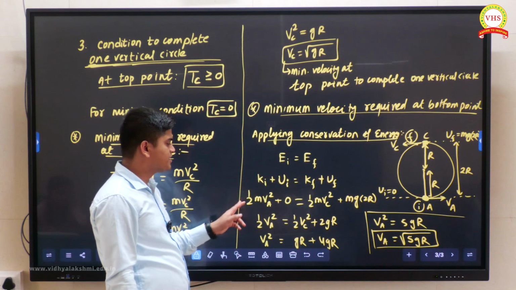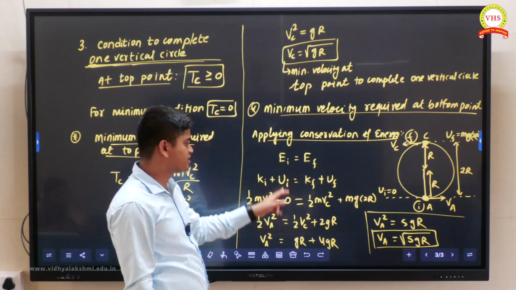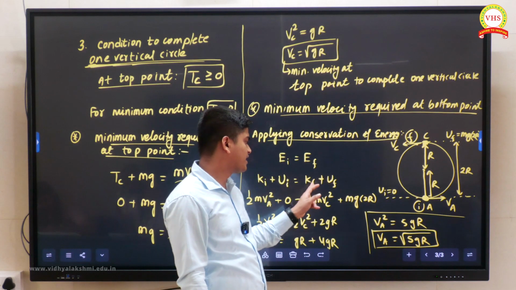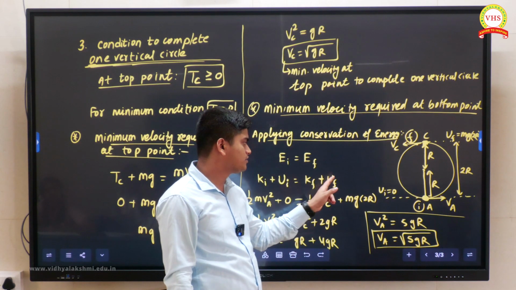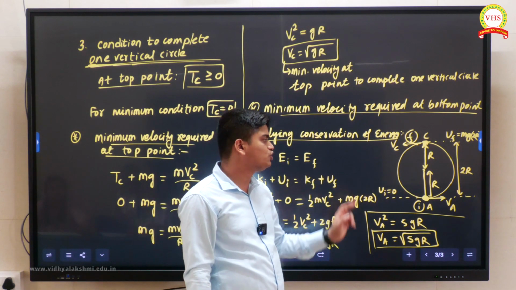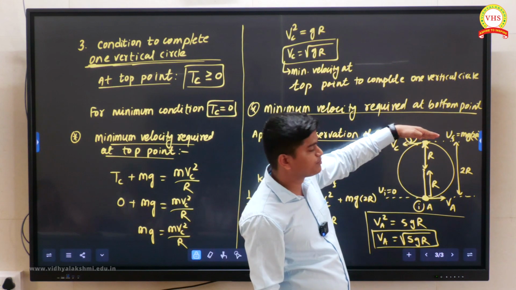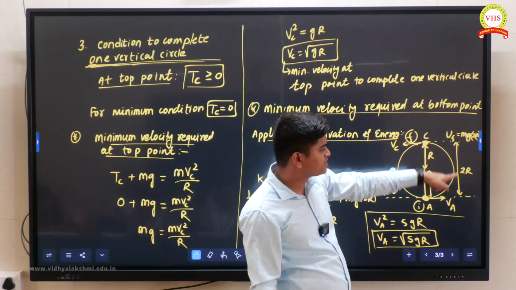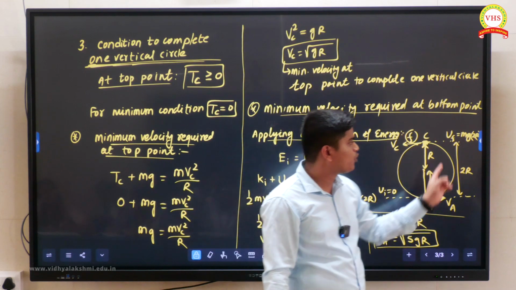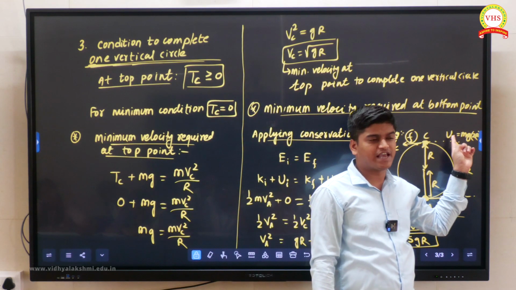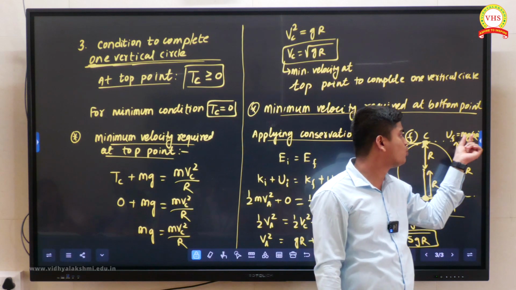Now what is kinetic energy? Half mVa square, potential energy 0. Your final kinetic is half mVc square, final potential is mg into 2r. Why 2r? Because this is the top point. At the top point how much height is it? 2r. And what is gravitational potential energy? mg into h, mg into 2r.